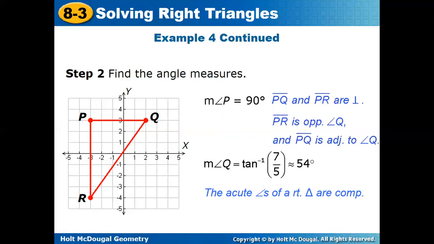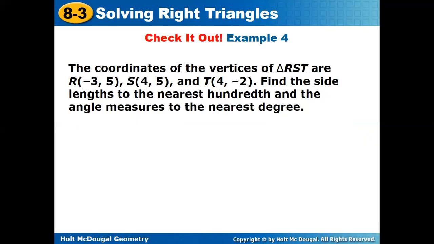So the other acute angle, which is angle R, equals 90 minus the measure of angle Q, which equals approximately 36 degrees.